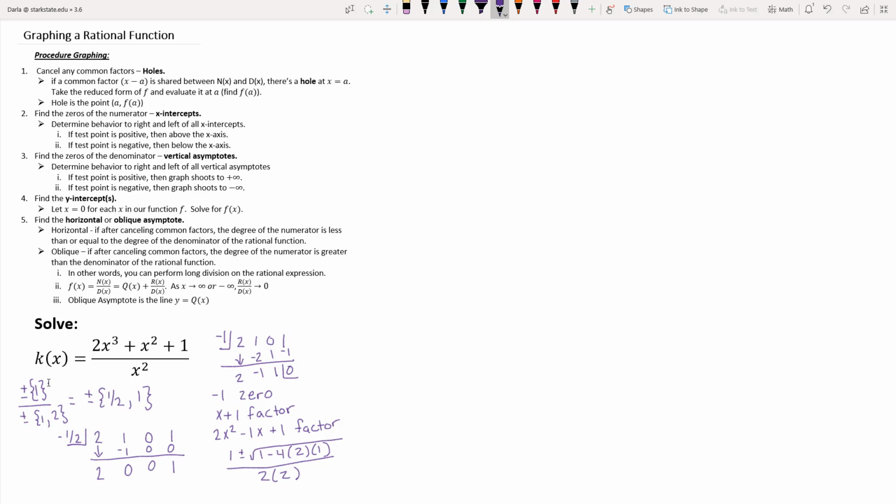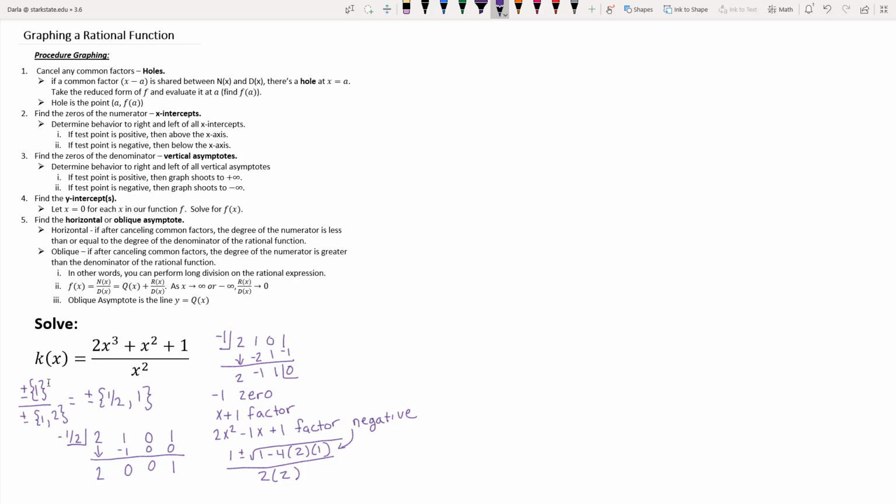We would see that this value under the radicand, the discriminant, is negative. And so this is not going to result in a real 0, so that won't factor any further over the real numbers.